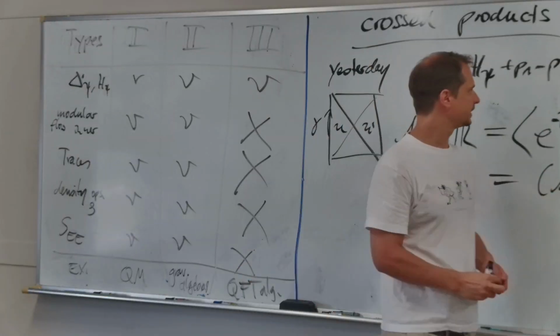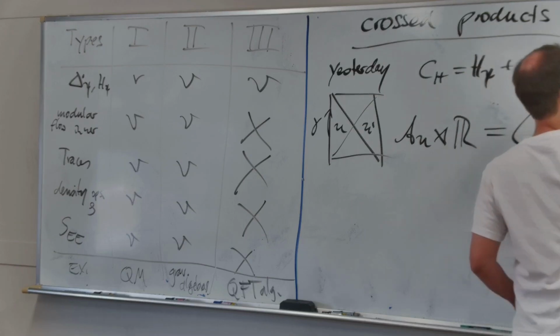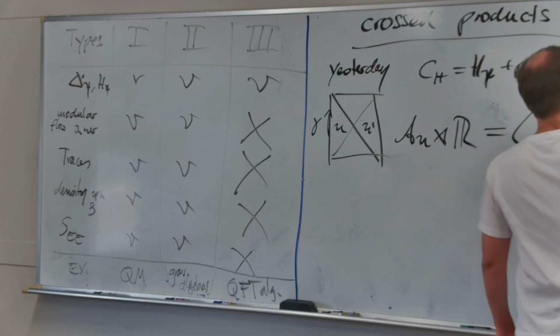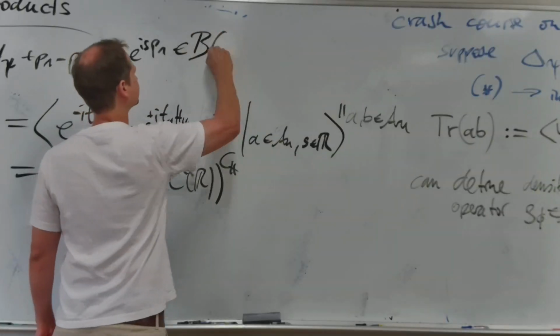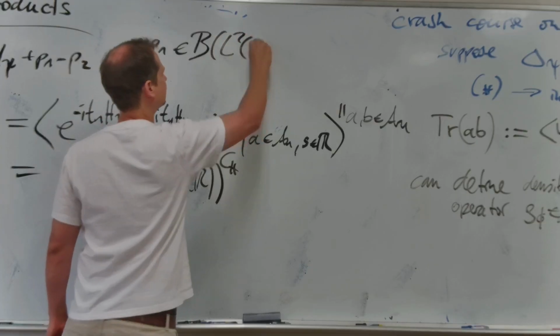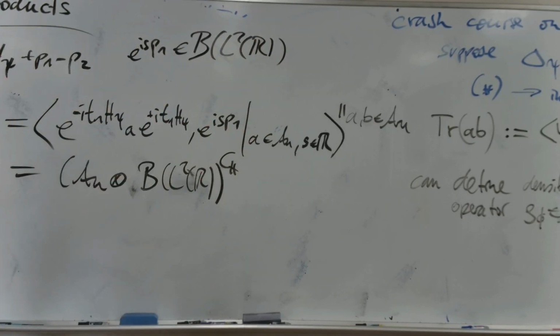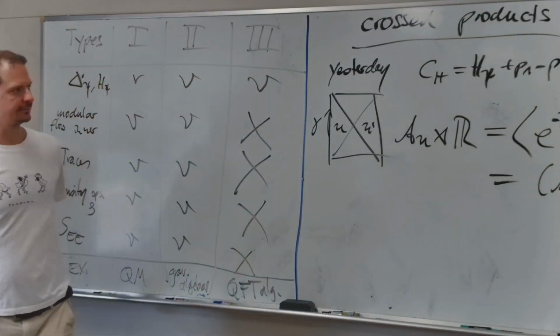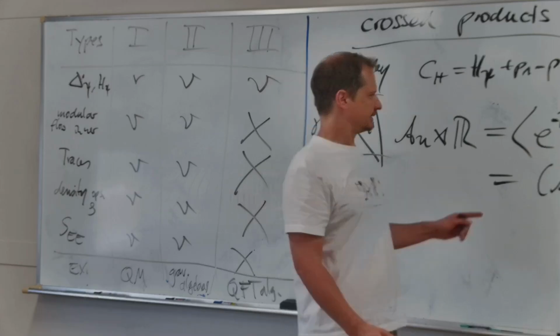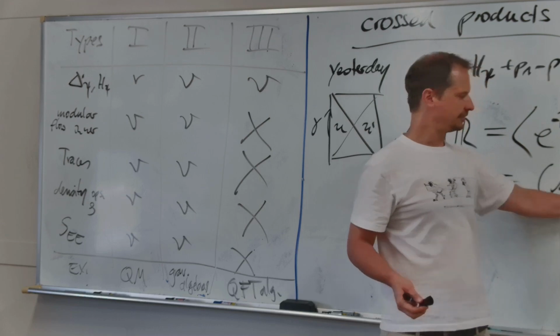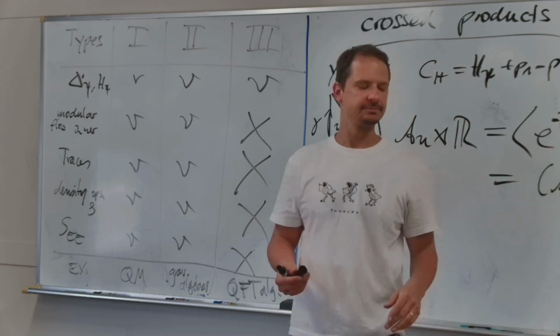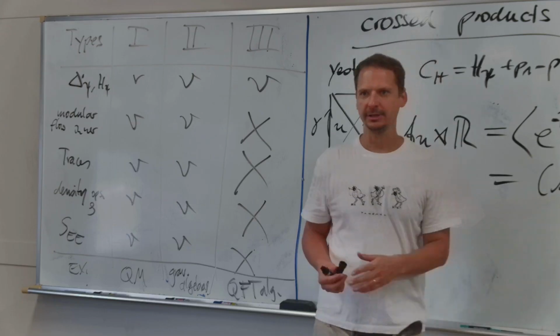So e to the iS P1 is part of the bounded operators. So maybe it's ideal clocks here. And it turns out you can prove that the gauge invariant subalgebra of this one here is given by a cross product, when this here is the von Neumann algebra.